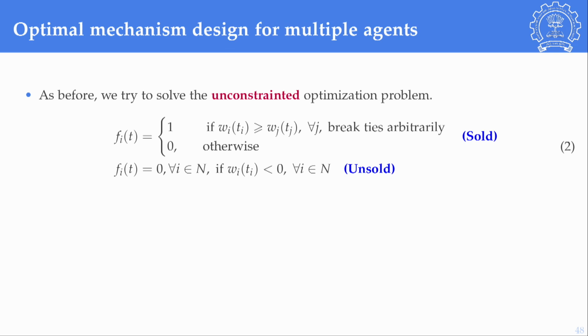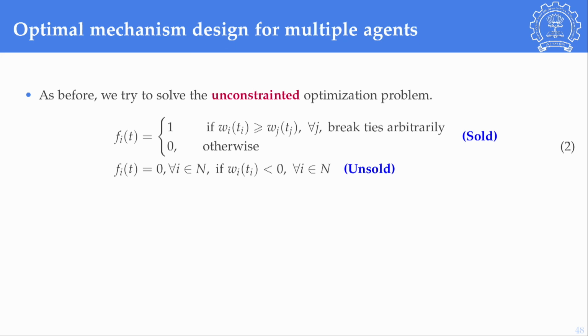If this virtual valuation had an up and down kind of structure, right, then it may so happen that in some profile, let us say t minus i is fixed, i happens to be the virtual value maximizer at some ti, but at ti prime which is larger than ti, you had a dip, this Wi actually reduced.